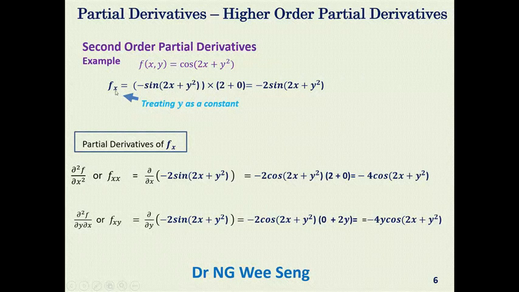Because we are doing it with respect to x, y is treated as a constant. So differentiating y squared will give us 0, and differentiating 2x will give 2. So we have obtained f subscript x. We will now differentiate this function first with respect to x, and then with respect to y, to get the second order partial derivatives.